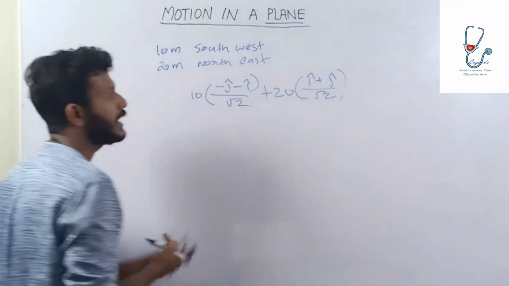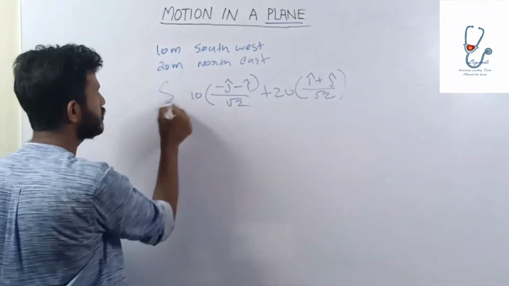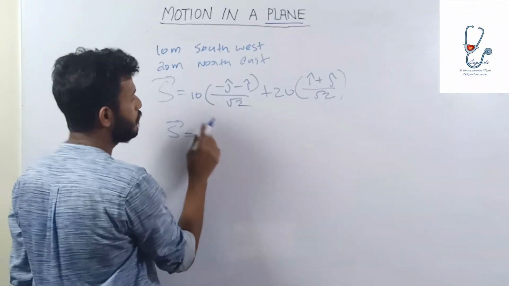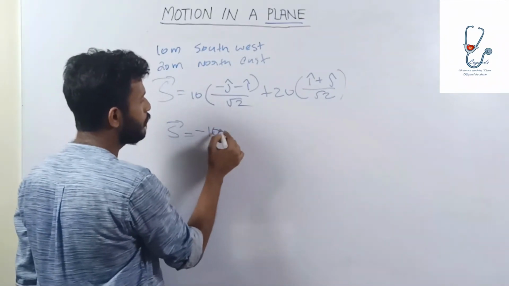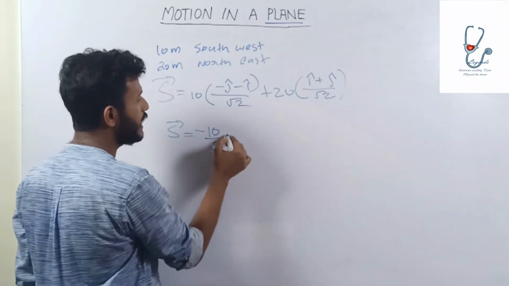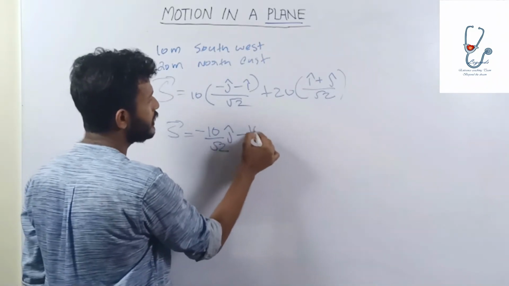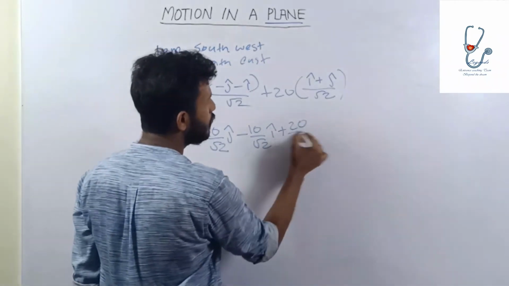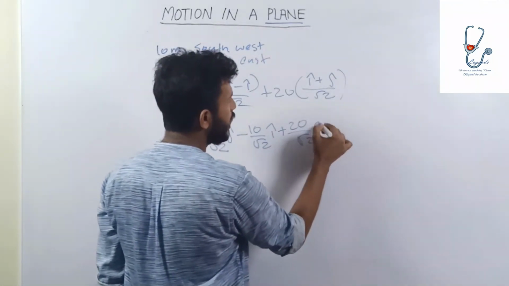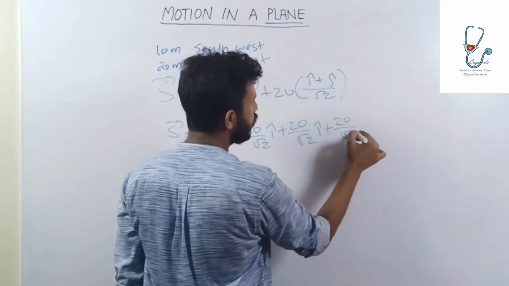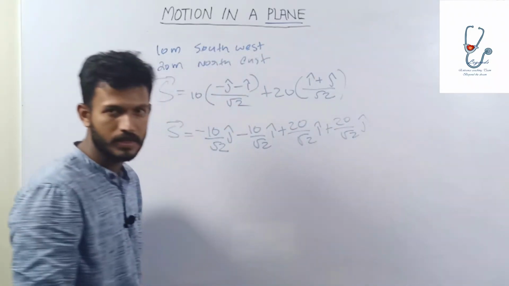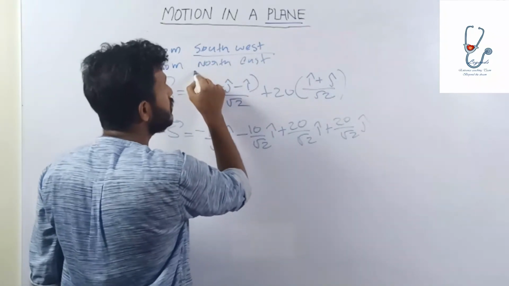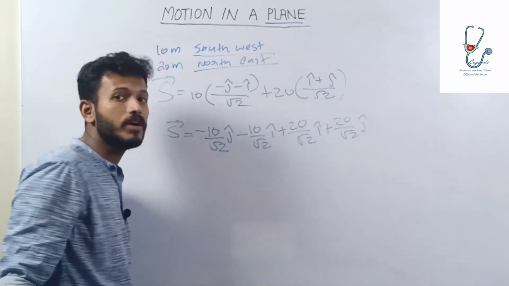Clear? I cap plus j cap by root 2. This is displacement vector S. How can we calculate S? Minus 10 j cap minus 10 by root 2 j cap minus 10 by root 2 I cap plus 20 by root 2 I cap plus 20 by root 2 j cap. Ready? The representations of southeast, southwest, northeast we have already discussed.